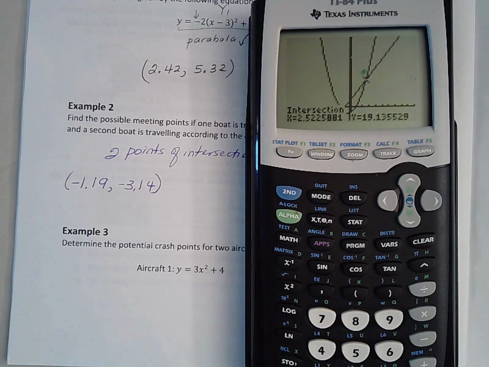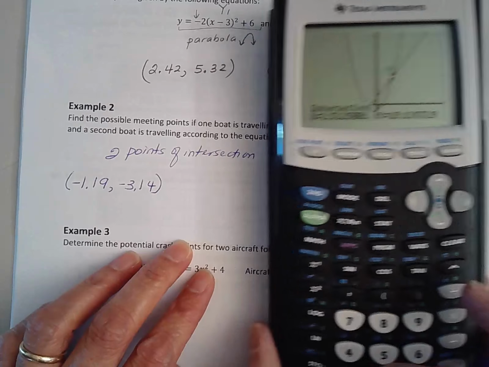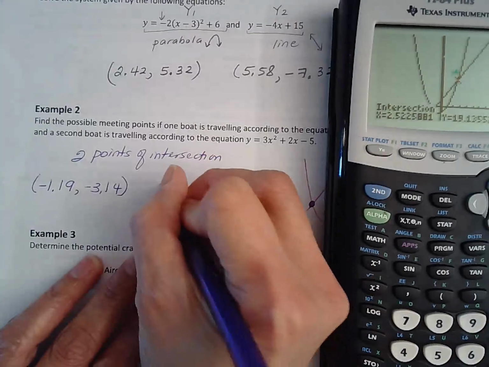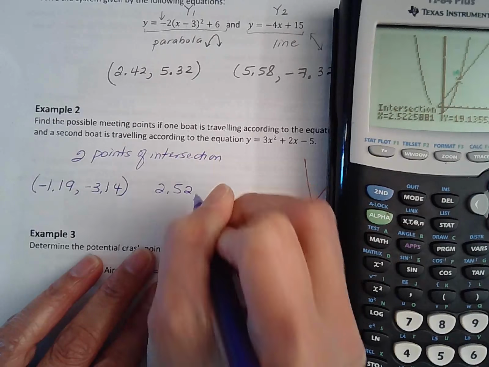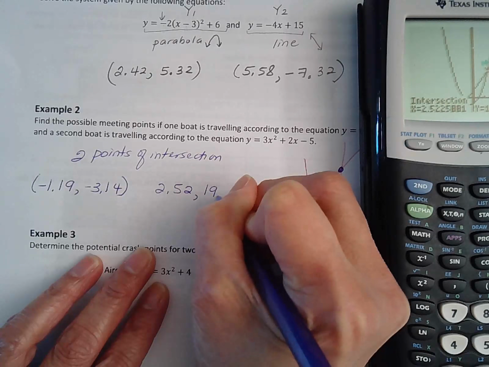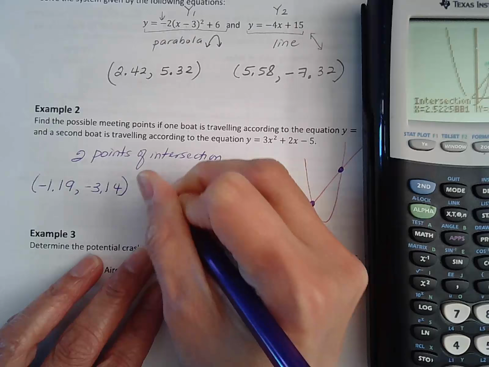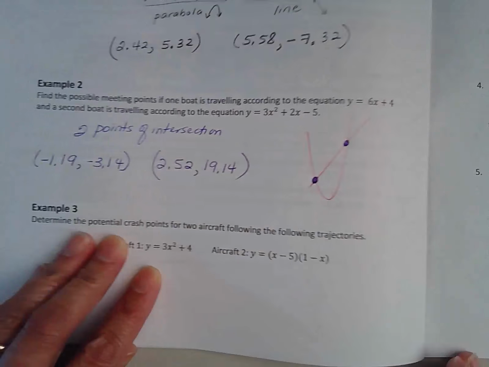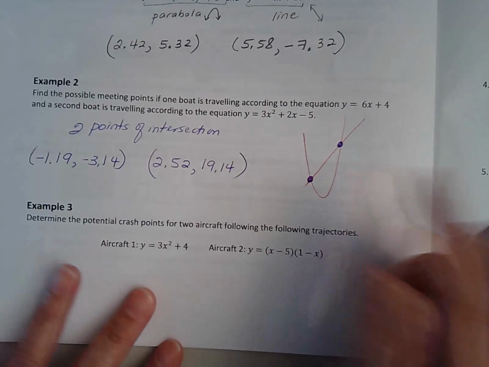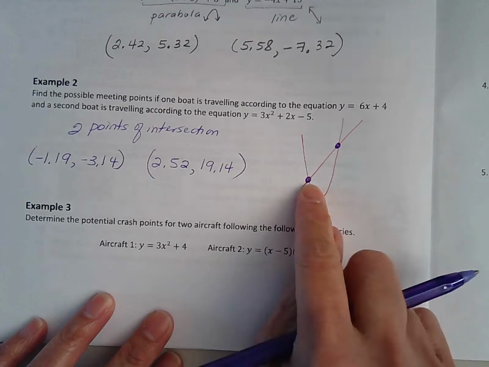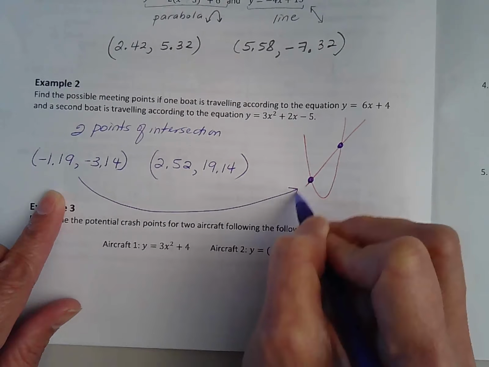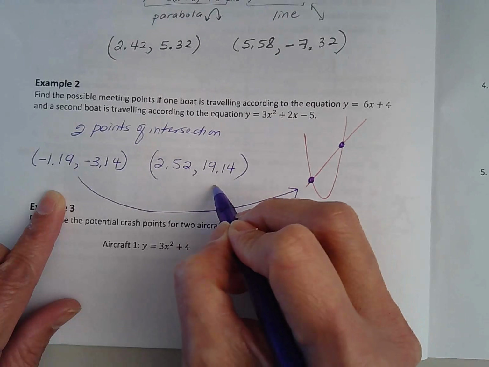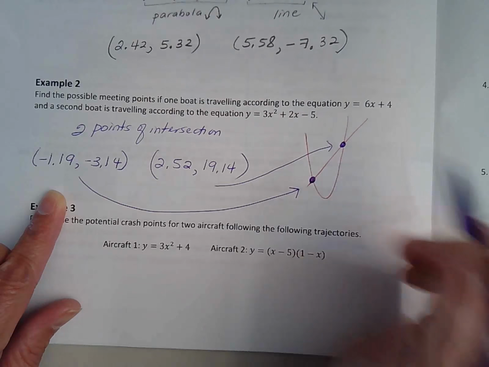So the other point of intersection is 2.52, comma, 19.14. Okay, so these are the points of intersection. That's the coordinate for that one, and this is the coordinate for that one.